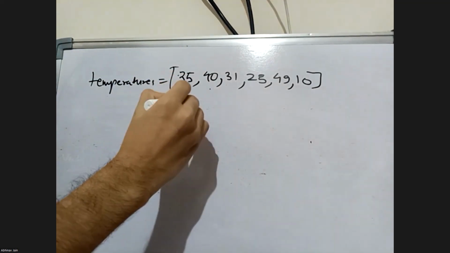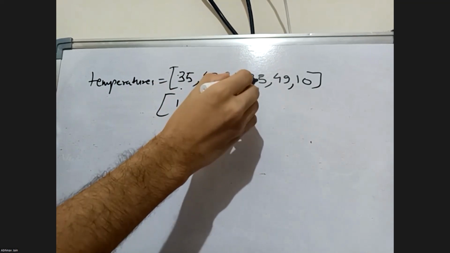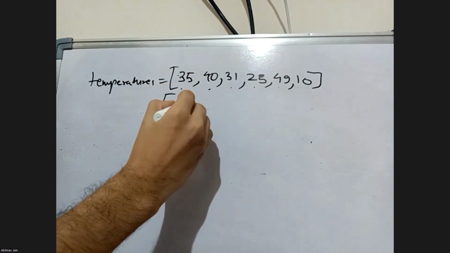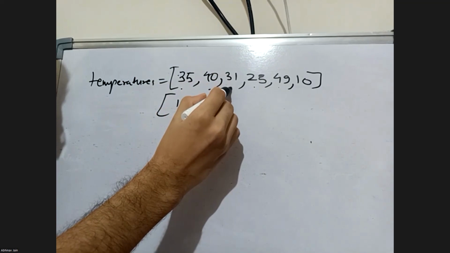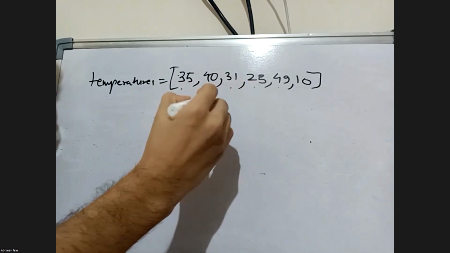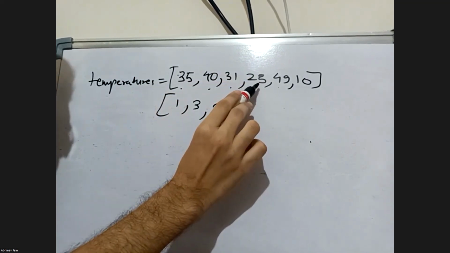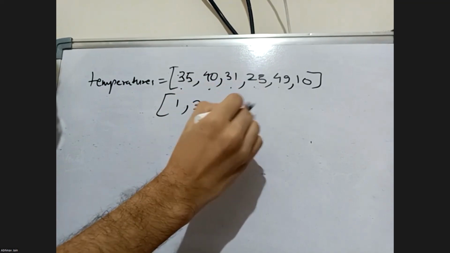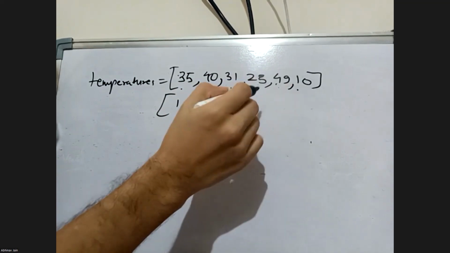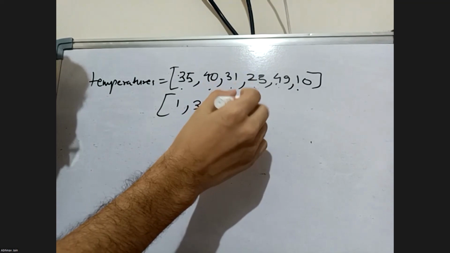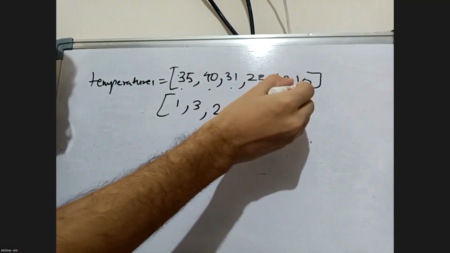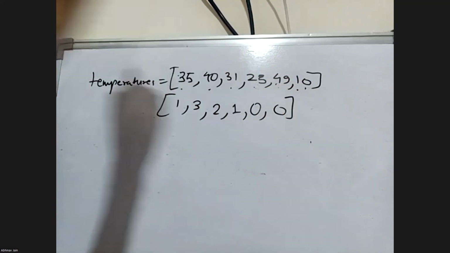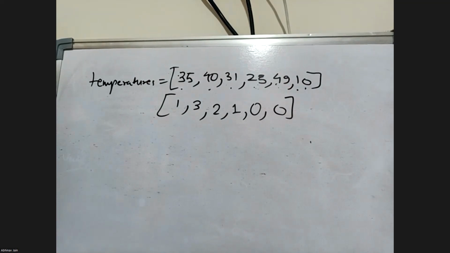So 40, 31, 25, 40. So 3. For 31, it will be 25, 40. For 25, it will be 49. 1. For 49, let's note the temperature. And because this is the last element, we know that it is de facto the answer, it is 0. Okay, so the question is very simple. Let's discuss our approach here.